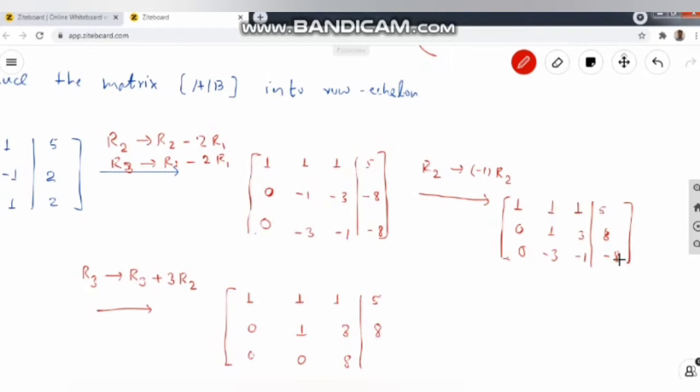And then at this place minus 8 plus 8 times 3, so this is 24 minus 8. That means 16.